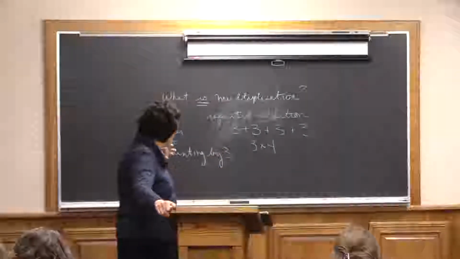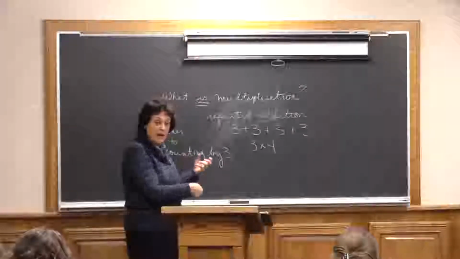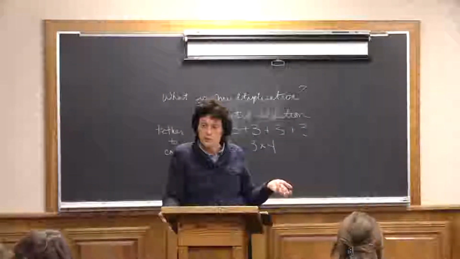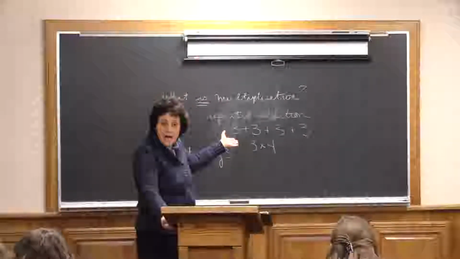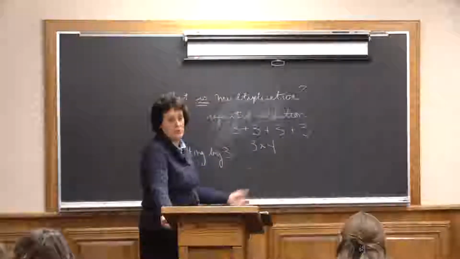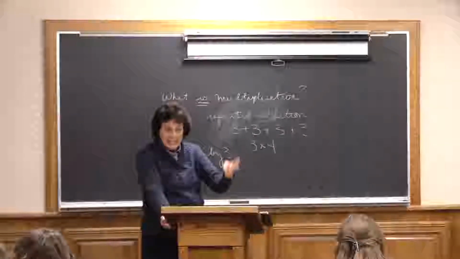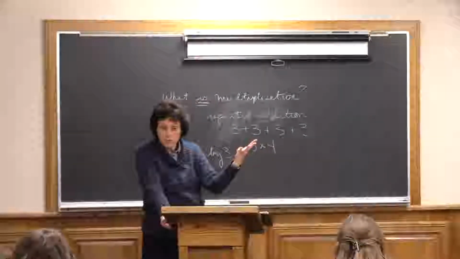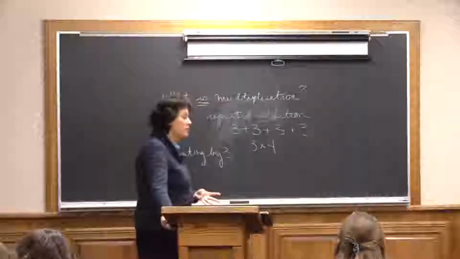So now they should be comfortable with this. If they're comfortable with counting by threes and twos and so forth, different countings, they're not going to have any trouble with their times tables. So we're going to count by threes. 3, 6, 9, 12. So what is 3 plus 3 plus 3 plus 3? It's 12. What's another way we can write this?